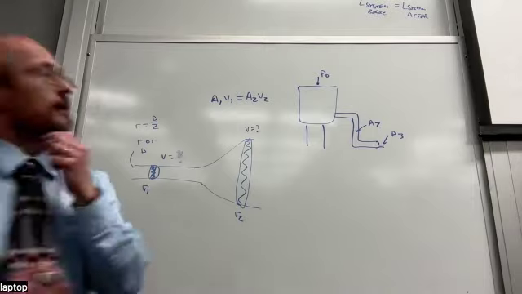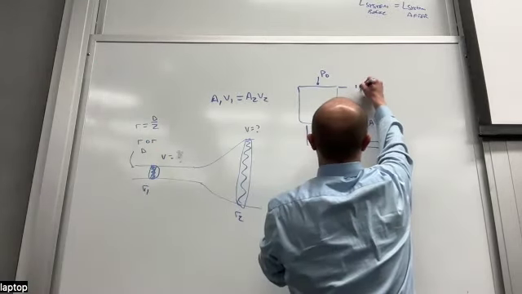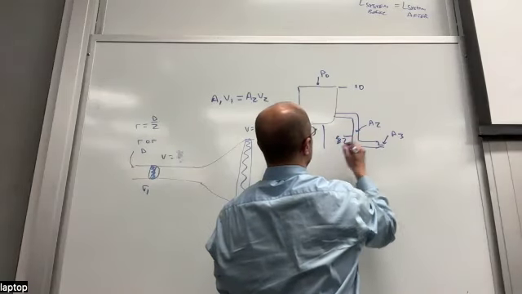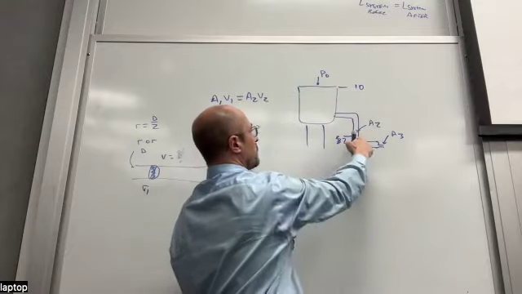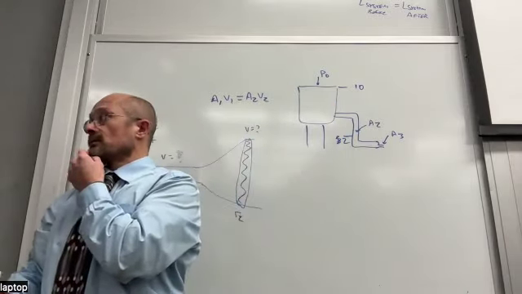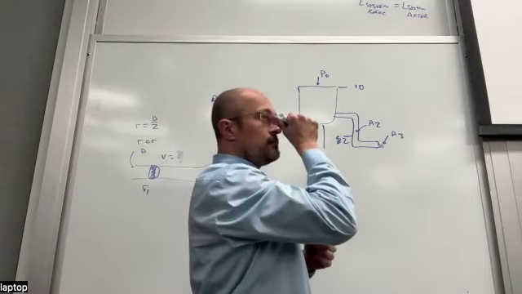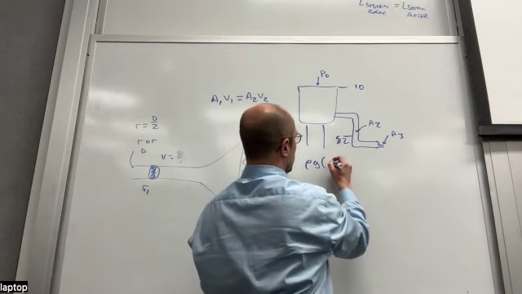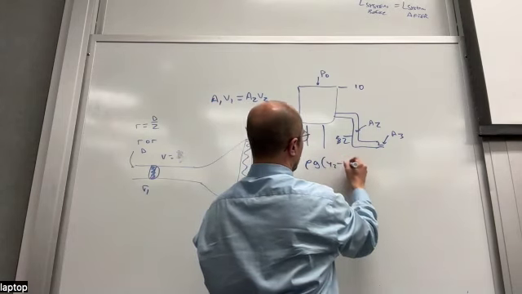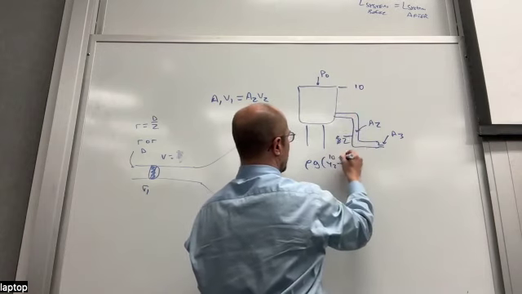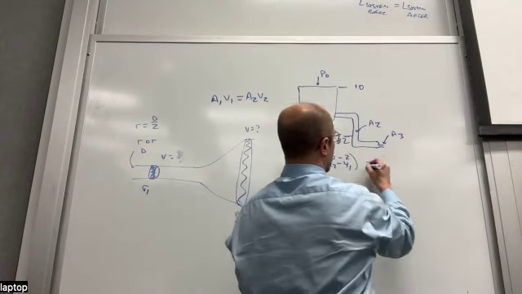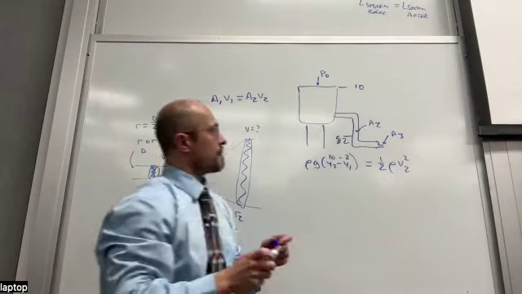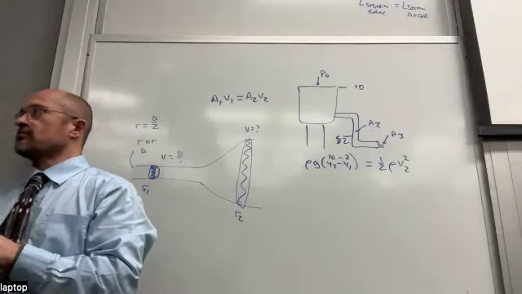I think this is 8, I meant 2. Here and here are going to be at the same pressure, so you can basically just look at rho g times (Y2 minus Y1), in this case 10 minus 2, and that's going to equal 1/2 rho v2 squared.